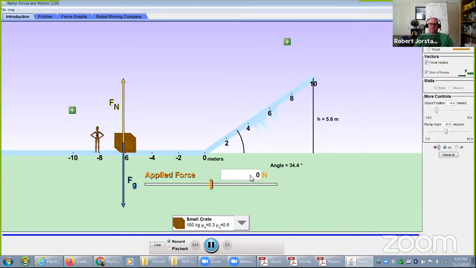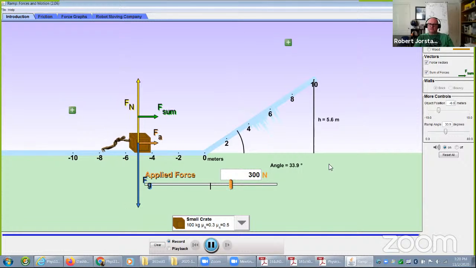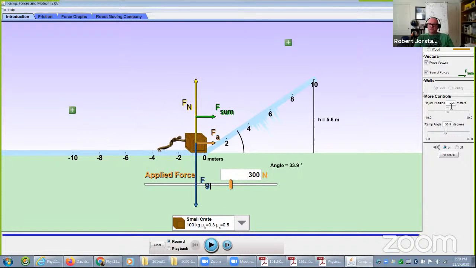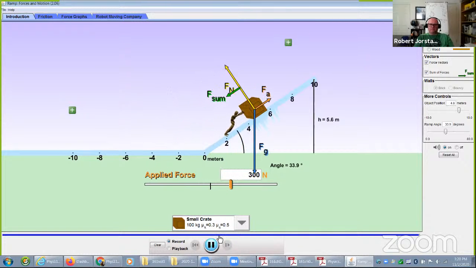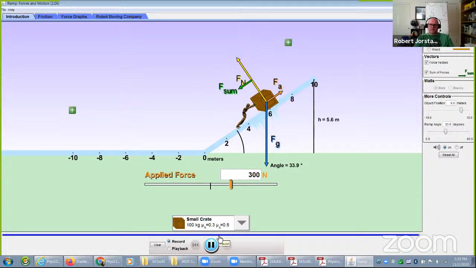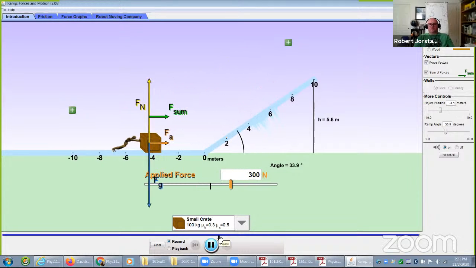Now watch what happens if we put an incline here. What I'm going to do is apply a force of, how about 300 newtons? Okay, so let's just let this run for a minute.